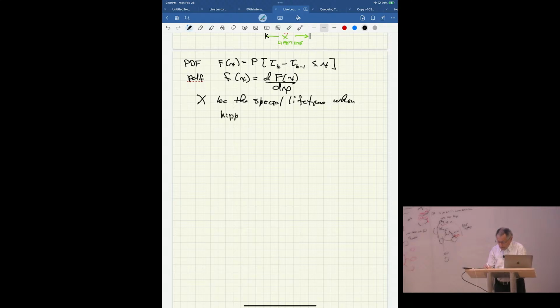How long is it? And further, let capital Y be the residual life, okay, for the hippie. I'll say specifically until the next car arrives for the hippie.